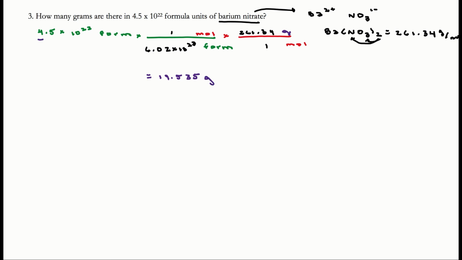However, I want 2 sig figs. So I want a total of 2 significant figures. Okay, so the 5 is going to round the 9 up, and the 9 is going to round the 1 up. So this will be 20 grams. However, I noted I want 2 sig figs, so it's going to be 20 grams, so that I have 2 significant figures.